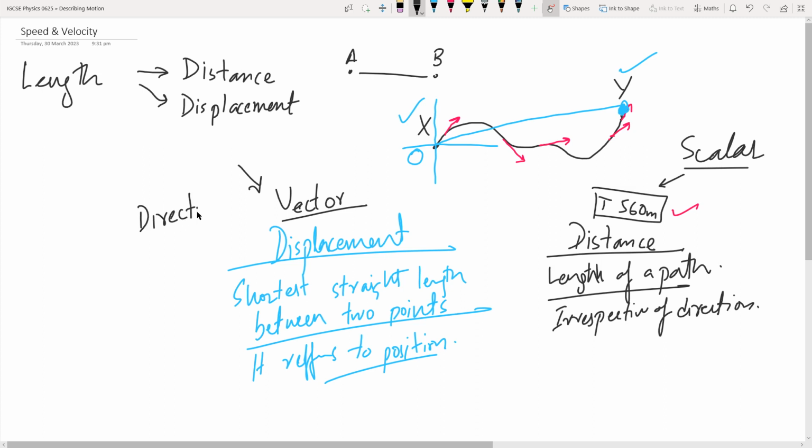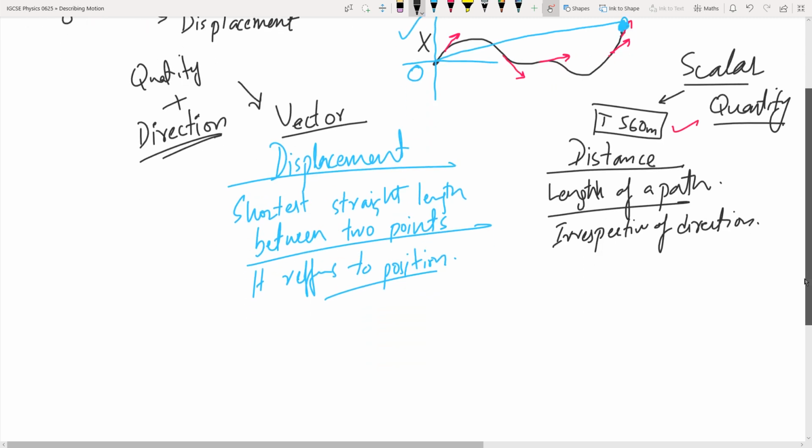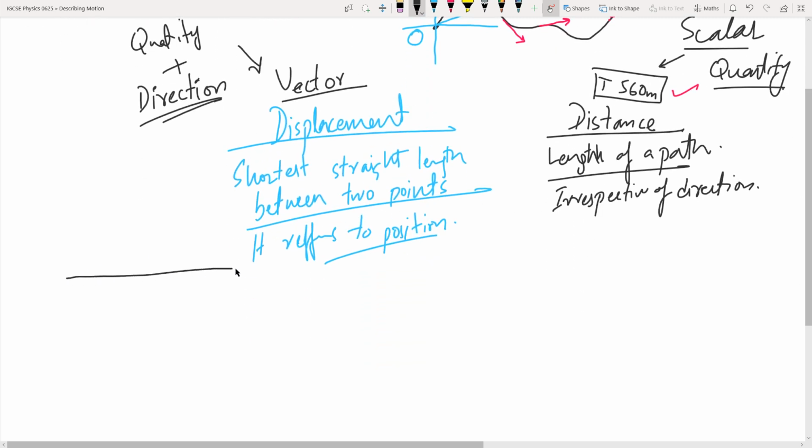For them, direction really matters, right? For scalars, direction doesn't matter, it's just the quantity, right? So it is quantity plus direction. Those quantities are known as vector quantities, and quantities which only signify the magnitude are called scalars.